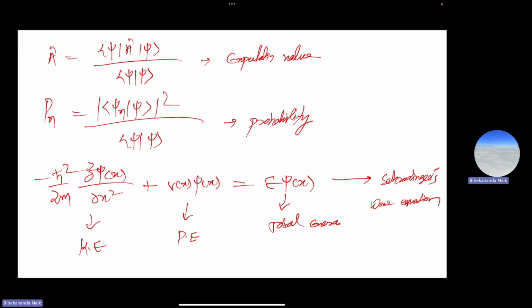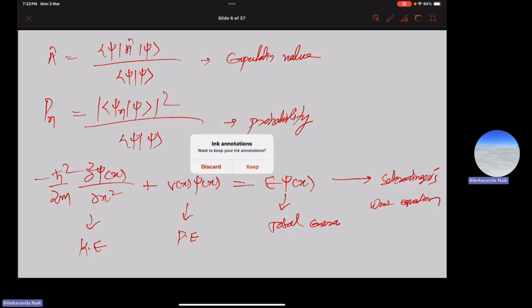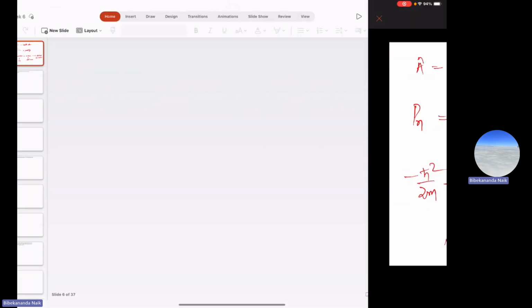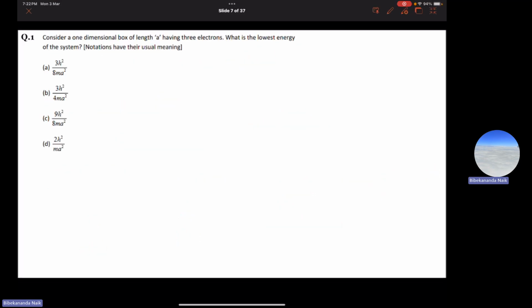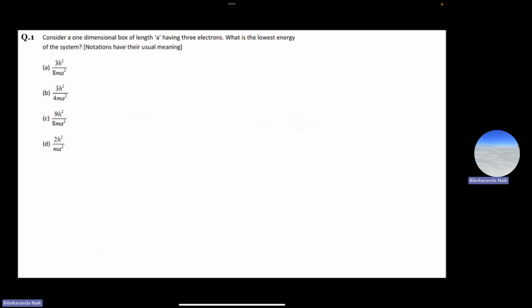Now let's start solving a few problems based on these concepts. The first problem says, consider a one-dimensional box of length A having 3 electrons. What is the lowest energy of the system?